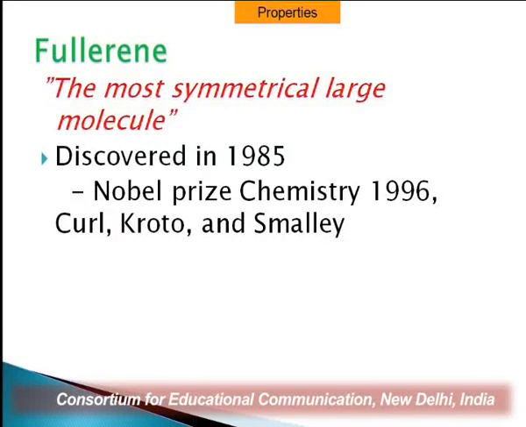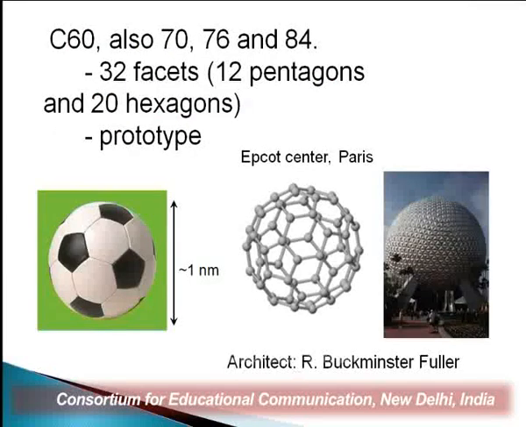Now fullerene is the most symmetrical large molecule, discovered in 1985, and Nobel Prize winners Curl, Kroto and Smalley discovered this highly symmetric, highly stable molecule. Moreover, C60 has 32 facets, of which 12 are pentagons and 20 are hexagons.